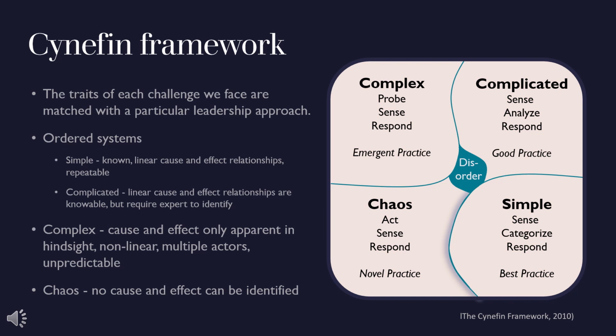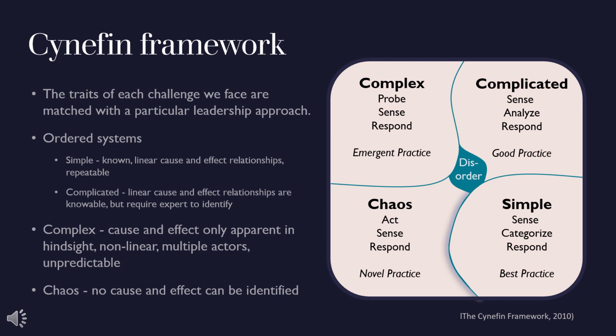So starting with simple, a simple system is a type of ordered system. When interacting here, there are known, very much agreed upon, maybe even obvious linear cause and effect relationships, and these can be repeated over time and have the same cause and effect relationship present itself.